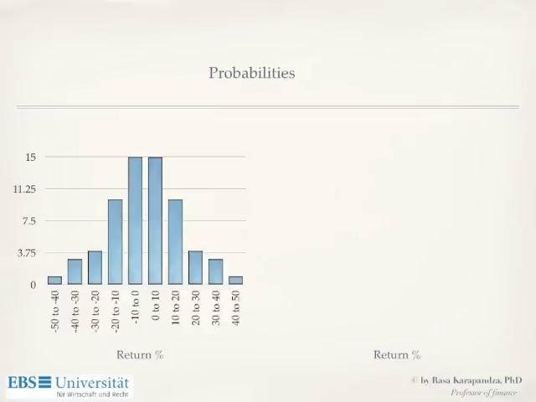And actually, this chart was constructed by observing some stock. You take the historical data and you count how many times you lost between 50 and 40% by investing in this stock, and how many times you won between 50 and 40%.